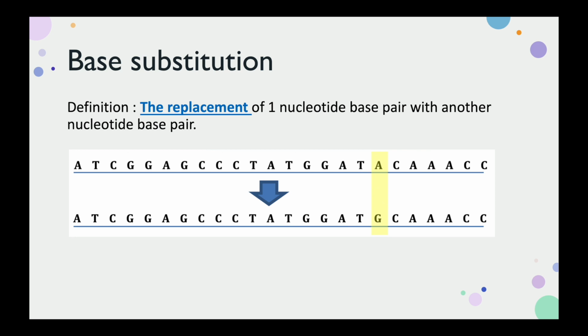For example, this is the original DNA strand, and this is the DNA strand after mutation has happened. As you can see, everywhere else is the same except for this base. After mutation, this base has been replaced by another base. In this case, the original adenine is being replaced by guanine.